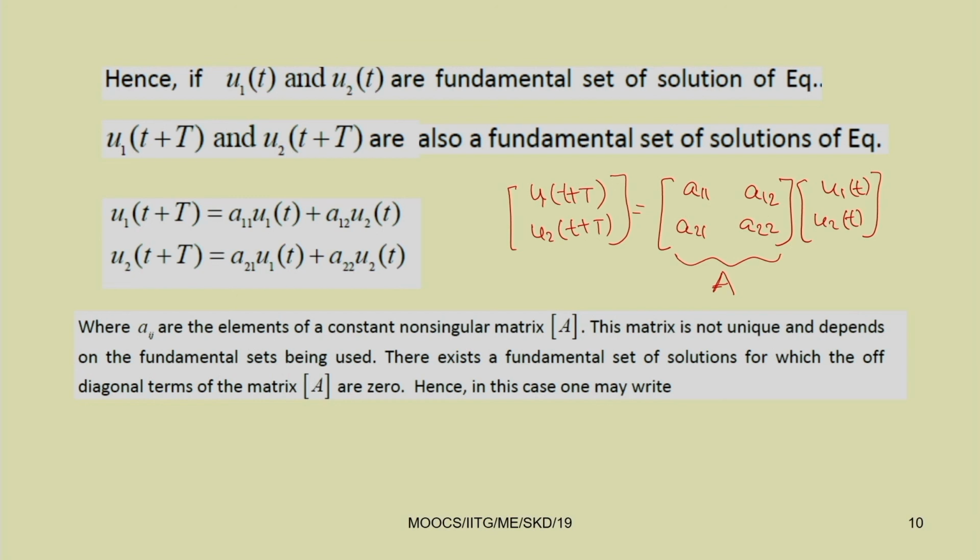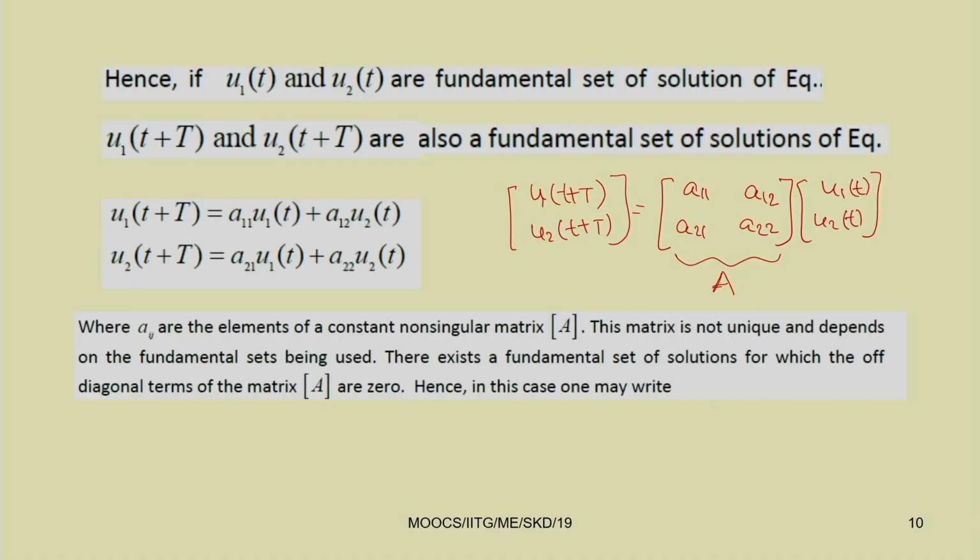We can choose u1 and u2 in such a way that we get the A matrix diagonal, then the equation will be uncoupled. For example, if A12 and A21 are 0, then u1(t + T) will be equal to A11 u1(t), and u2(t + T) will be equal to A22 u2(t). As these are not unique, we can get another set of fundamental solutions for which A will be a diagonal matrix, that is, the off-diagonal terms will be 0.